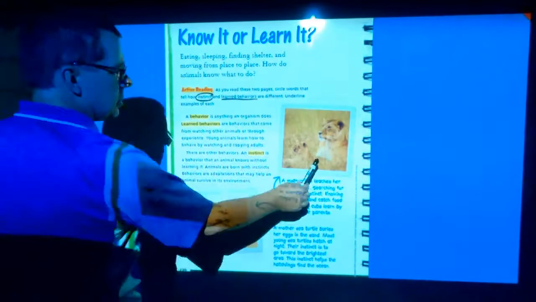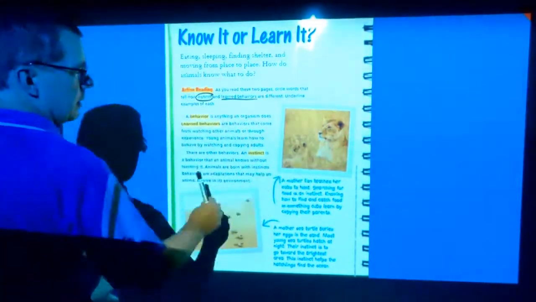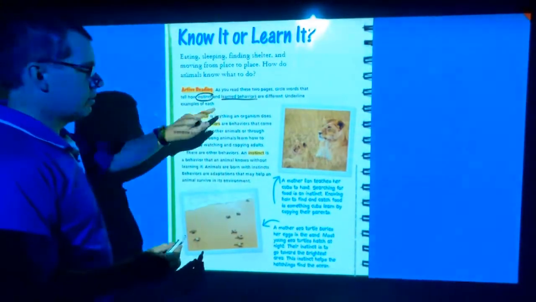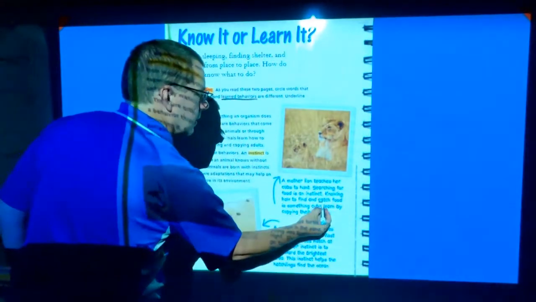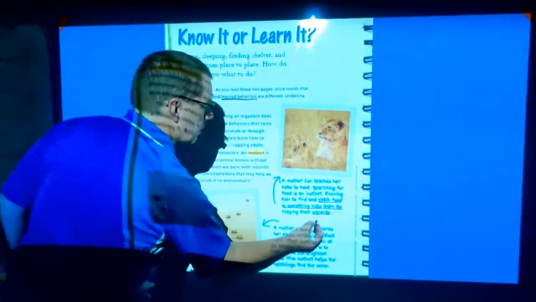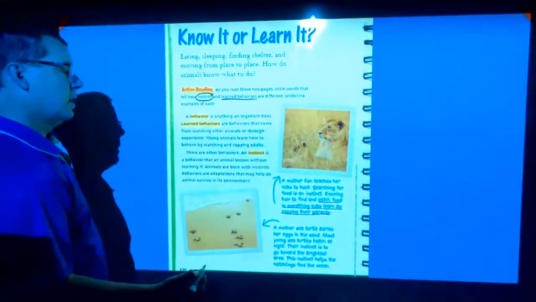Now we're looking at this picture here with the lion cub and the mother lion. A mother lion teaches her cubs to hunt. Searching for food is an instinct. Knowing how to find and catch food is something the cub learns by copying. So that's a learned behavior. Catching food is something that is learned, so I'm underlining this so I know that's learned.